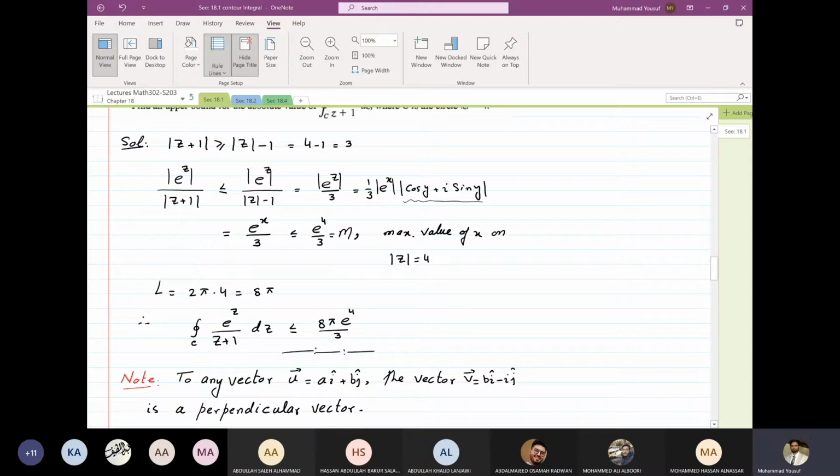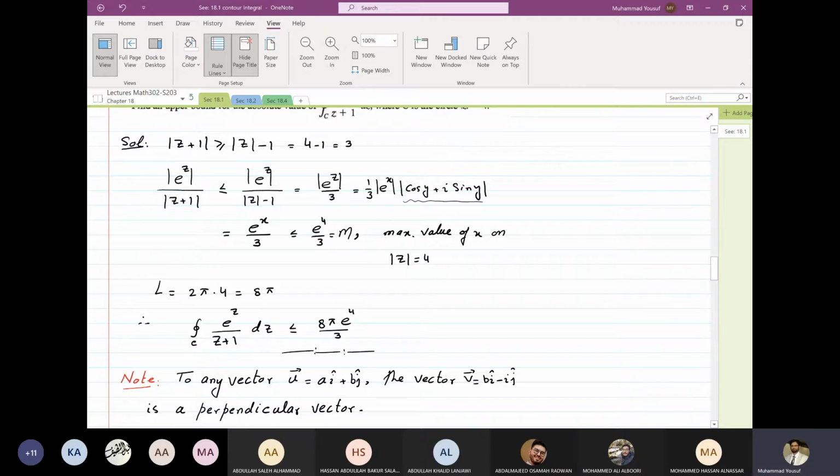Now on this circle, the maximum value of e^x is when x is equal to 4 and y is 0. There is no y here, so the maximum value of x on the circle of radius 4 is 4.